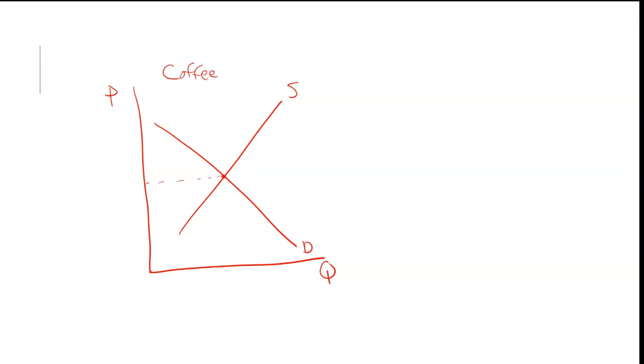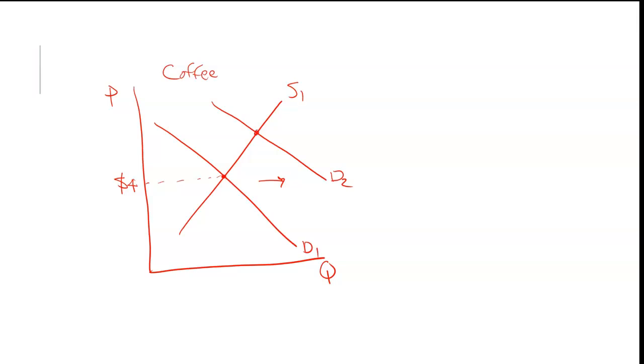So our current equilibrium price for a cup of coffee is $4. We have an increase in consumer income, and coffee is a normal good. That's going to shift our demand curve to the right.